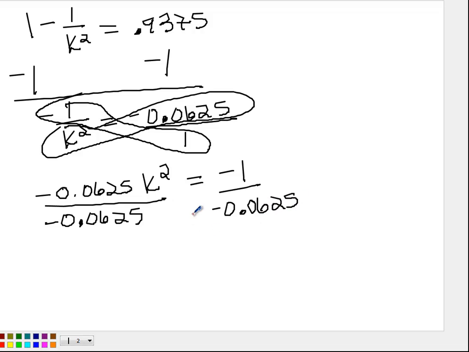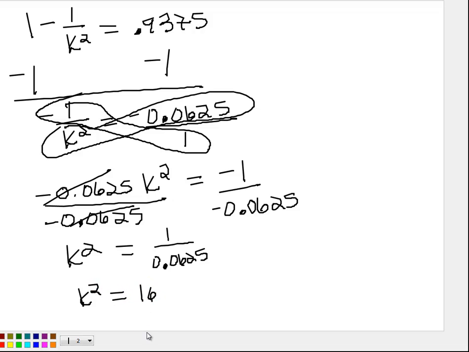Remember the rules. A negative over a negative makes this a positive. So these cancel out. You're left with k squared, and you're going to have a positive 1 over 0.0625. When you divide 1 over 0.0625, you end up with 16.